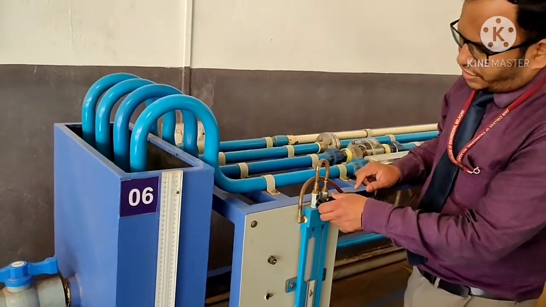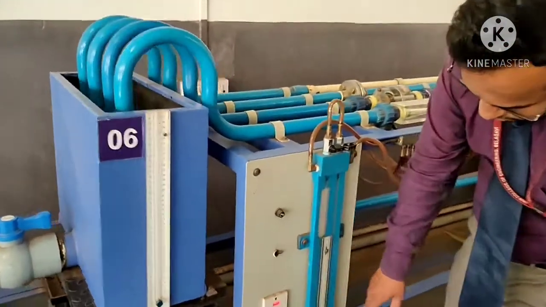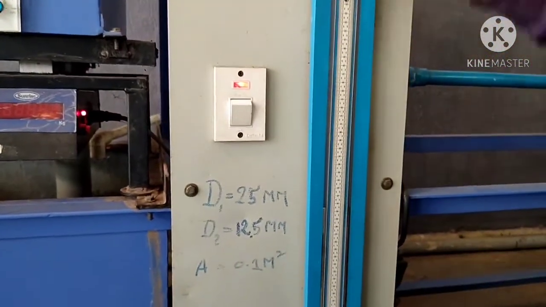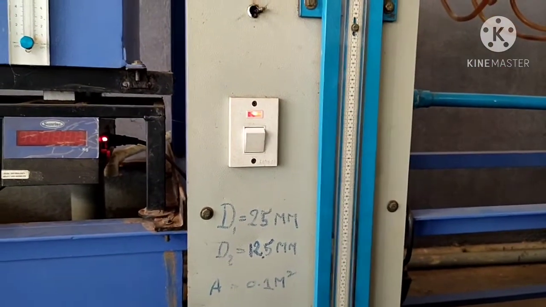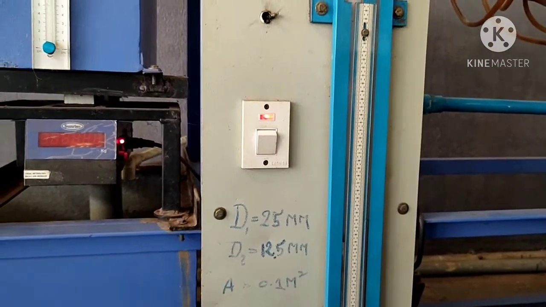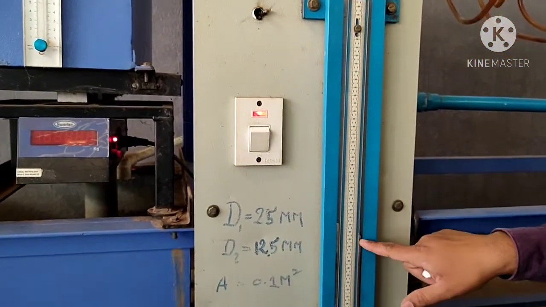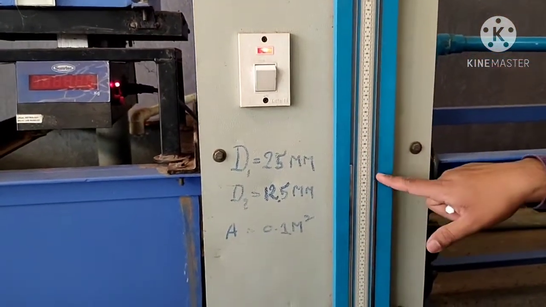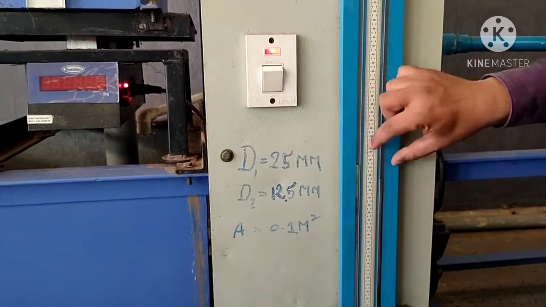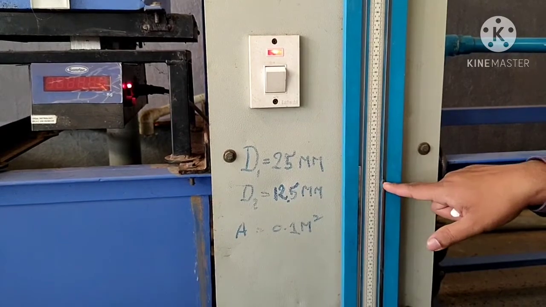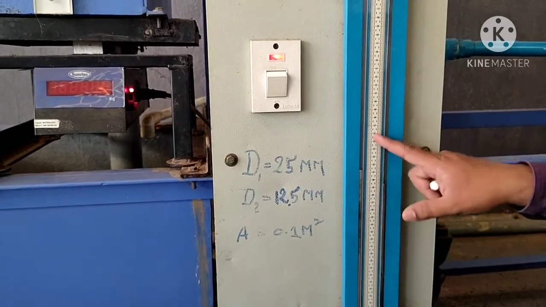So we can achieve a pressure difference over here, that is the H1 and H2 difference. This H1 and H2 is known from the scale, in terms of centimeter.